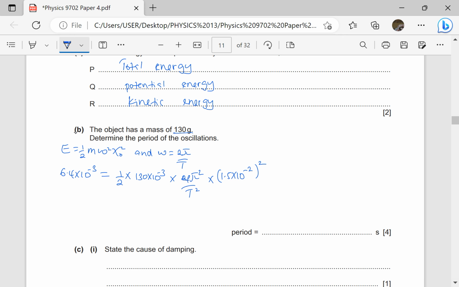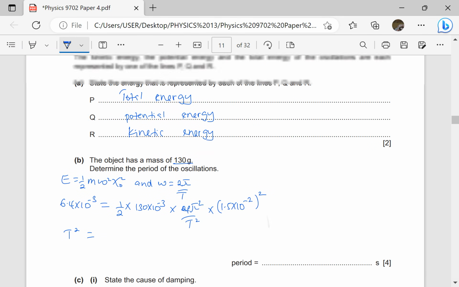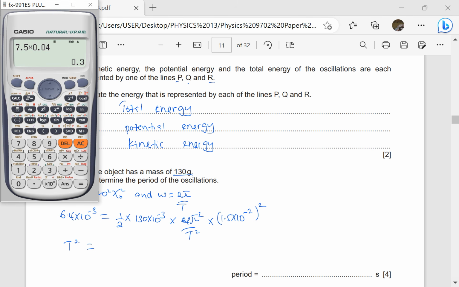So I'm just going to press my calculator and make T squared the subject. Making T squared the subject, I'll have a half, which is 0.5, times 130 exponent negative 3 times 4 pi squared times 1.5 exponent negative 2, and this is also squared. I'm going to divide by 6.4 exponent negative 3.